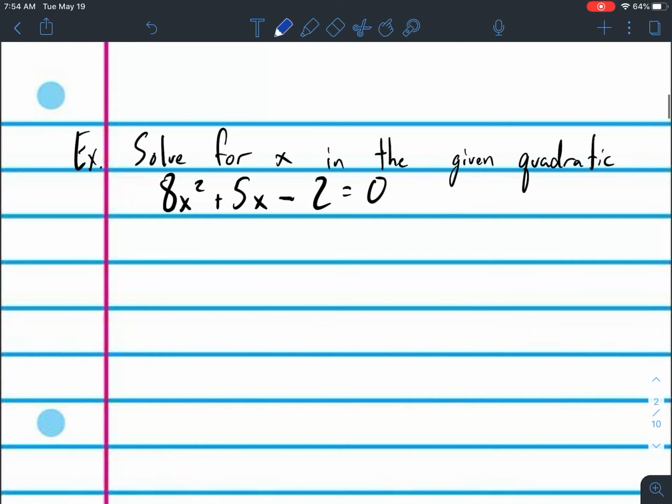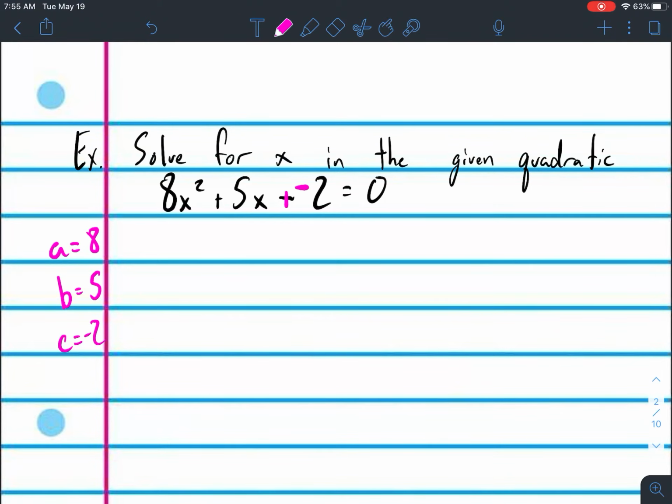All right, so let's just set it up. It's equal to 0, and almost everything is set up nice. Let's use pink. So add the opposite. All right, 8x squared plus 5x plus negative 2. Okay, cool. So we have everything we need for the quadratic formula. So a is equal to 8, b is equal to 5, and c is equal to negative 2.